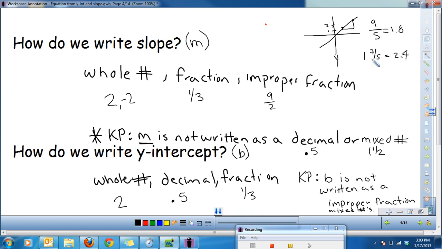And normally we wouldn't see an improper fraction like this, so let's make this a little bit easier. Let's change this to 1 and 2/5. Let's change 1 and 2/5 into a decimal. 1 and 2/5 as a decimal would give you 1.4. That's going to be a little bit easier to graph than 1 and 2/5.